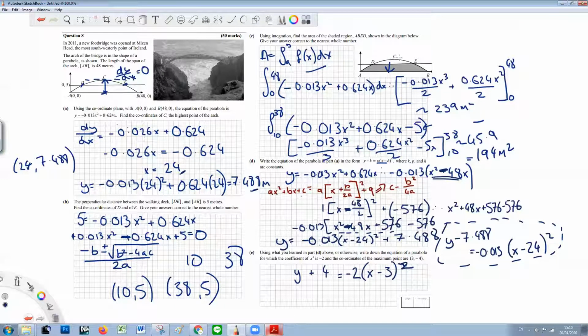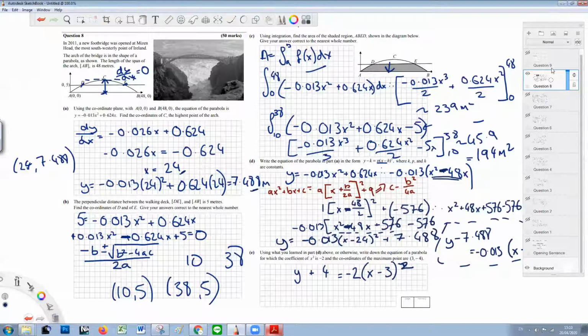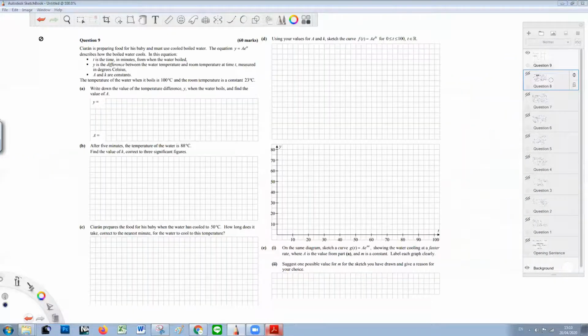And the last question then is: Kieran is preparing food for his baby and must use cooled boiled water. The equation y is equal to Ae^(kt) describes how the boiled water cools.